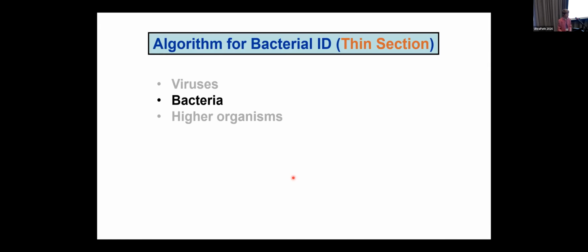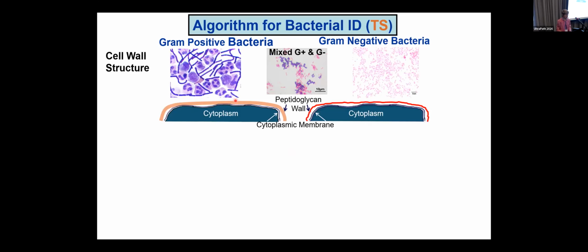Moving on up the food chain by thin section, we have bacteria next. Now, bacteria are bigger. They're not as big as protozoa or algae, but they have this dichotomy that is one of the major differentiating factors by light microscopy of bacteria. Mr. Gram decided he could stain bacteria with crystal violet and they would turn purple. That's fine.